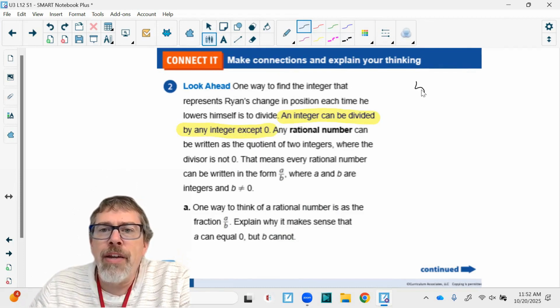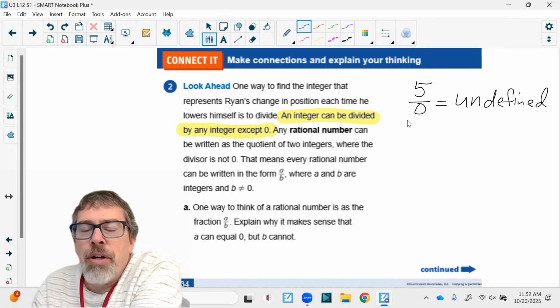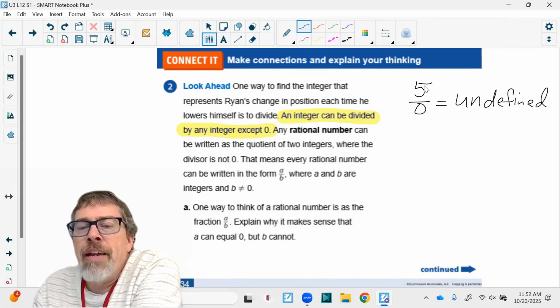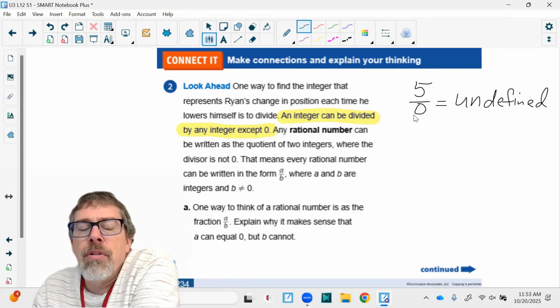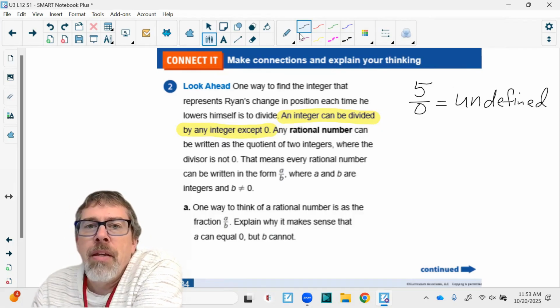So I cannot take 5 and divide it by 0. That equals undefined. We'll get more into that when we start talking about the slope of a line. But right now, if we had 5 things and divided them amongst 0 people, it can't be done. It makes no sense. Therefore, we call it undefined.